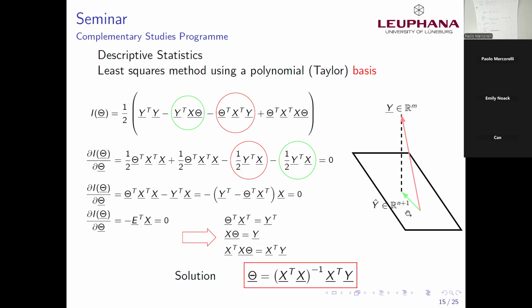In a polynomial of order n, we have n plus 1 coefficients. This is a little bit of an abstract form to see what we are doing. I try to approximate the red vector with the green one, as well as I can.